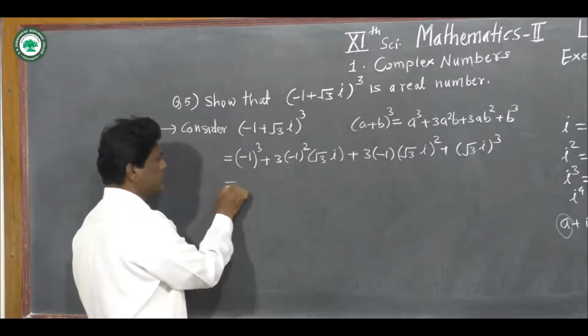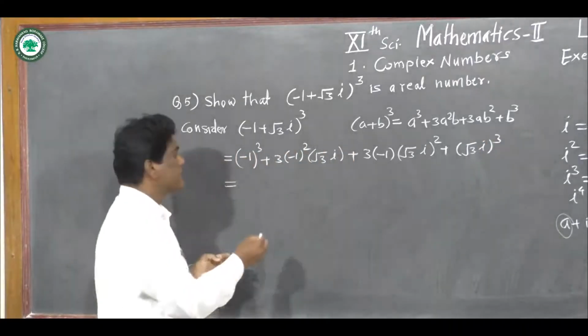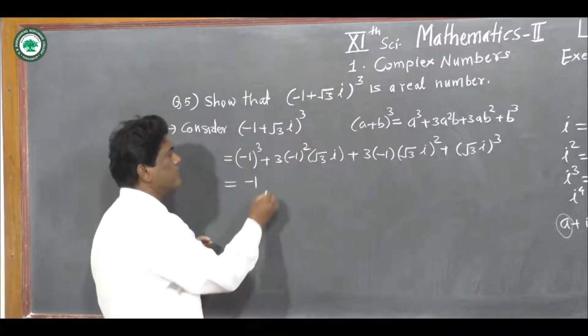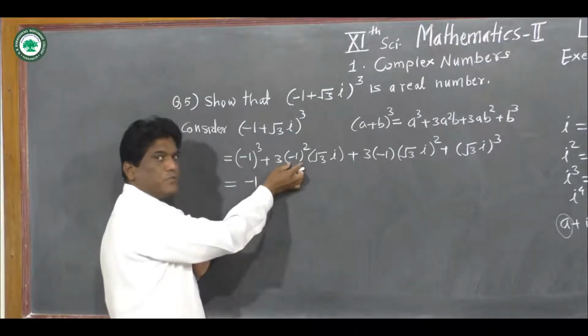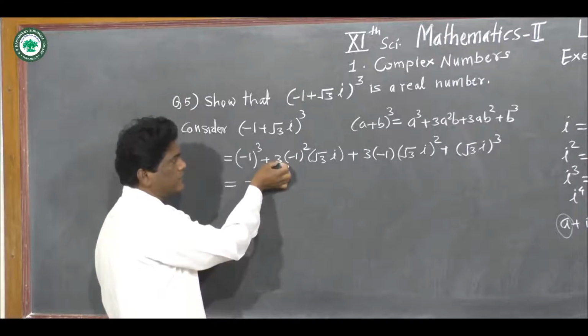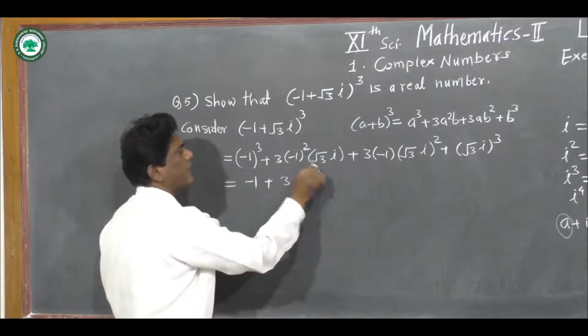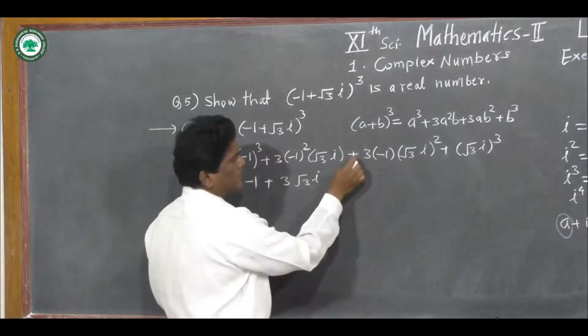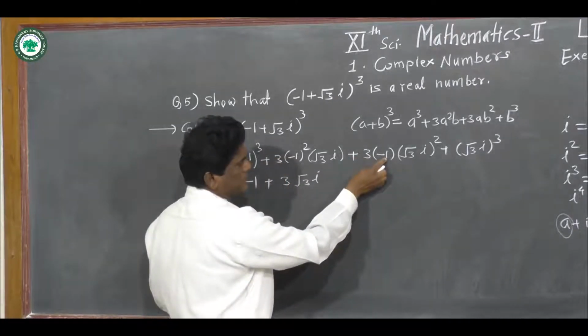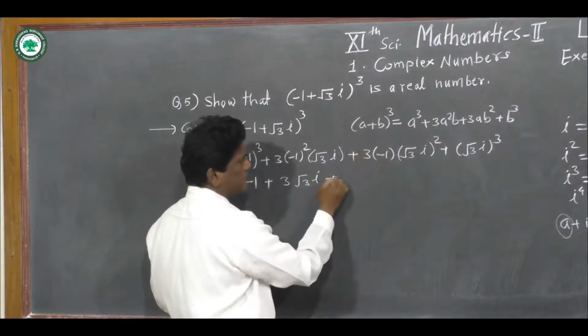So it is equal to, now (minus 1) to the power 3 is minus 1, plus here (minus 1) square is positive 1, into 3, so it is 3 root 3i. Then here 3 into minus 1, that is minus 3.